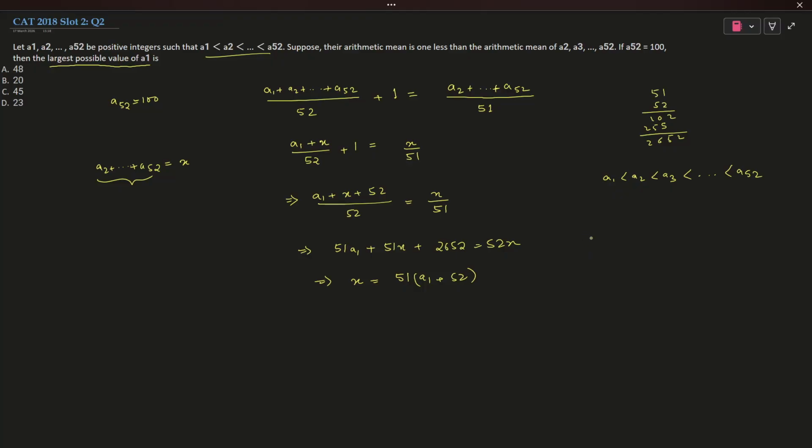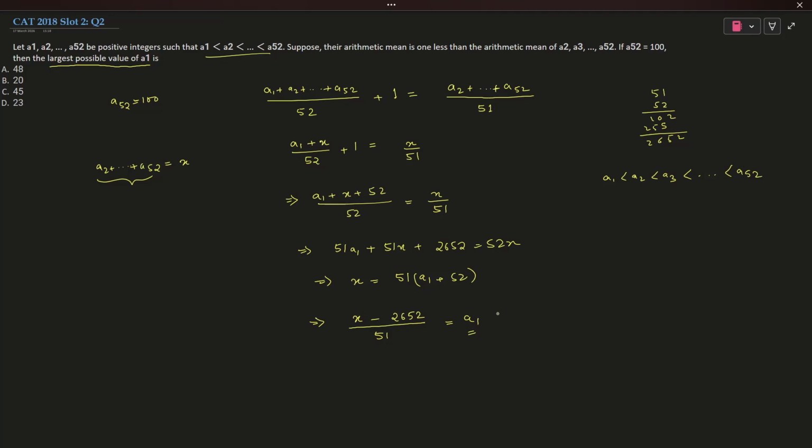So I need to maximize A1. A1 can be written as x minus 51 into 52, which is 2652, divided by 51 is equal to A1. I need to maximize A1. In order to maximize A1, I need to maximize x, right guys?